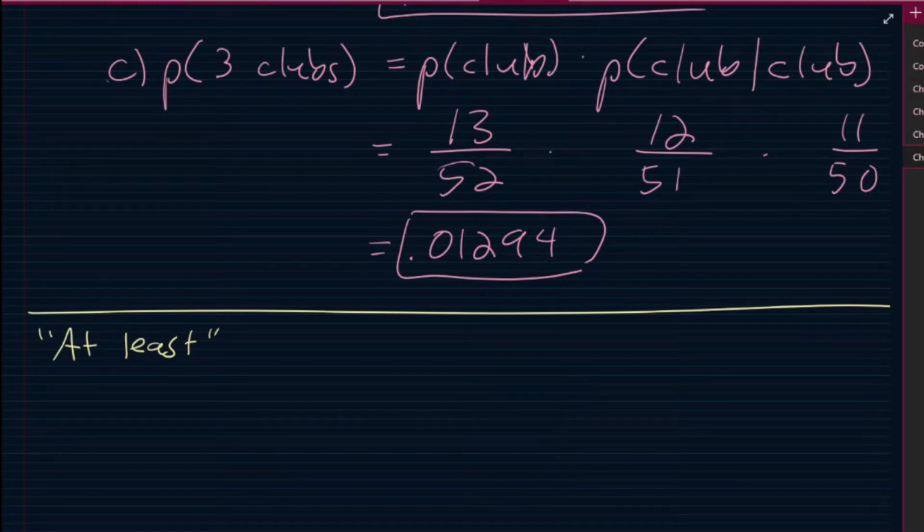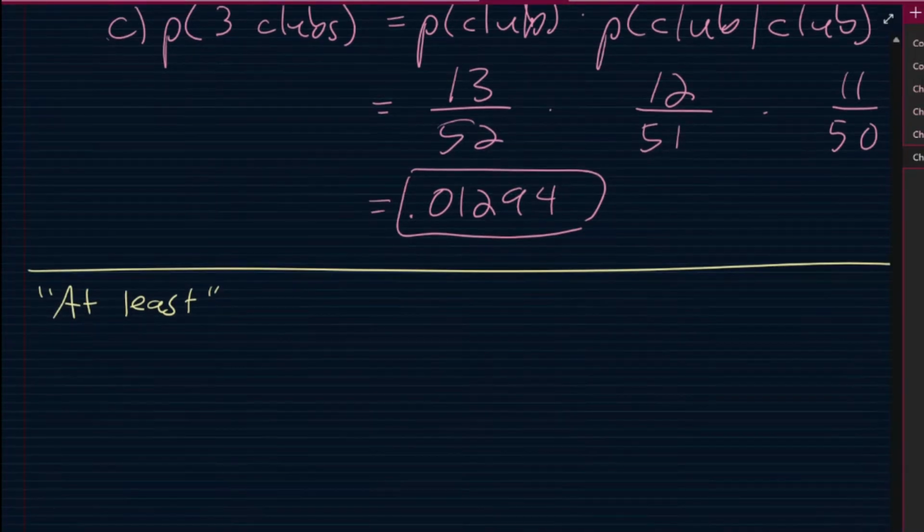To find the probability of 2 events happening at the same time, so probability of A and B, there's 2 formulas, and it depends on whether they're independent of each other or not. If they're independent of each other, it's just probability of A times probability of B. If they're not, it's probability of A times probability of B given A. And now we see another key phrase of at least.